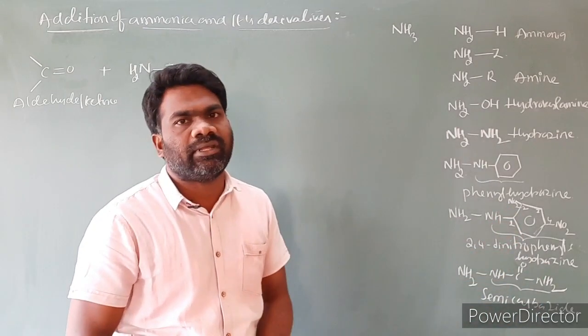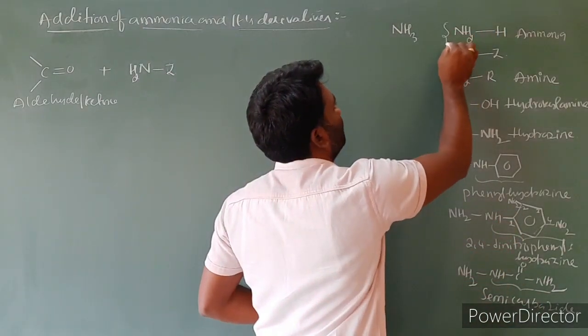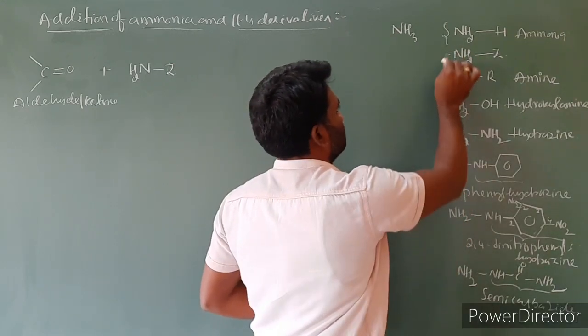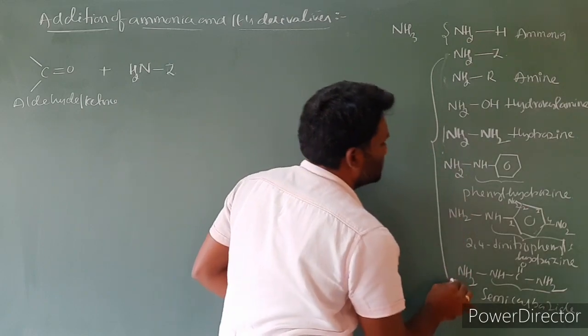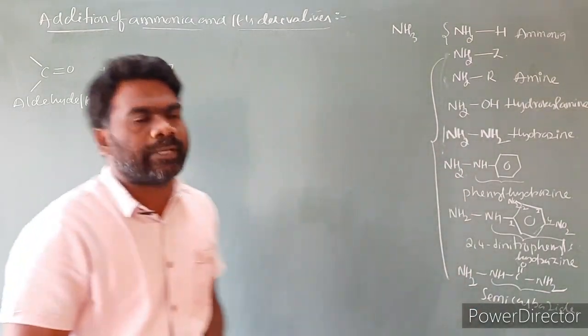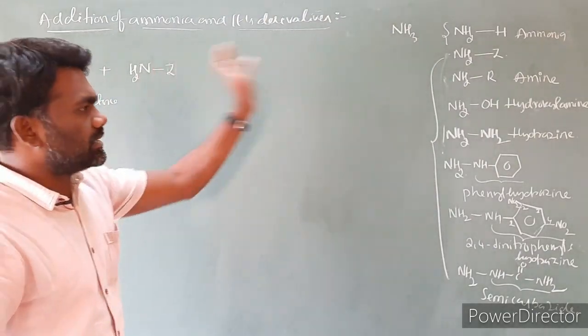So you got the meaning of Z. This is ammonia, and all these compounds are derivatives of ammonia. Then here we can take the Z. We will discuss one by one in detail.